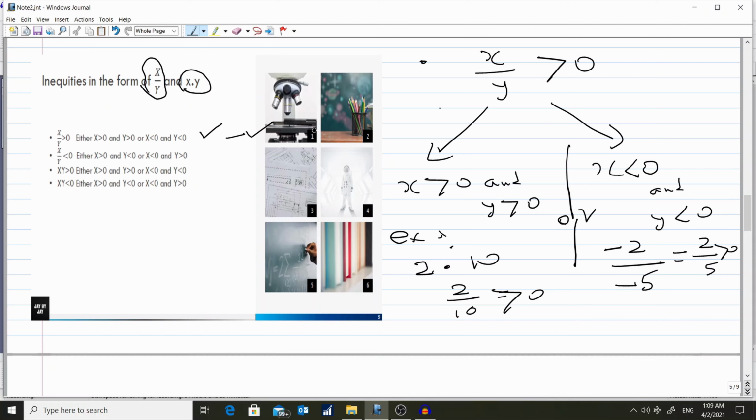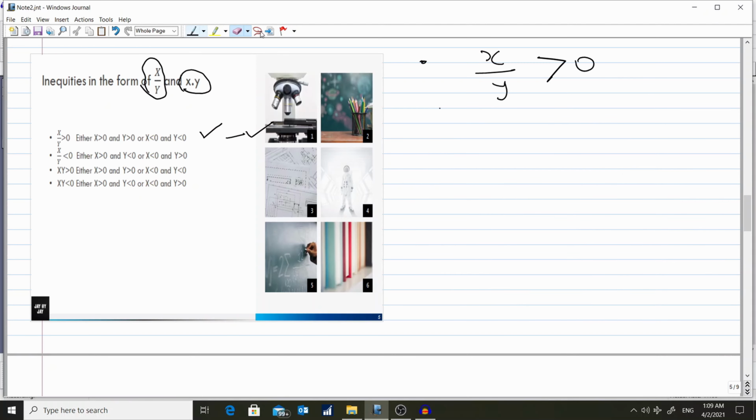Let's go to the other one. In this case, we have x over y less than 0. Just like the previous example, we have two possibilities.